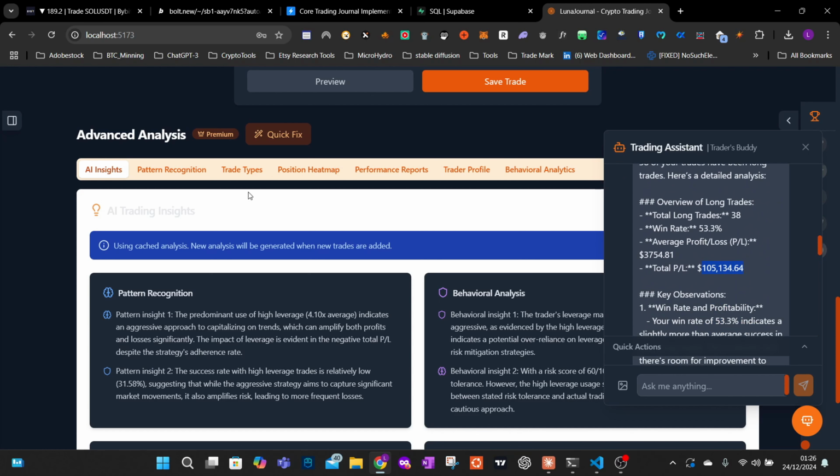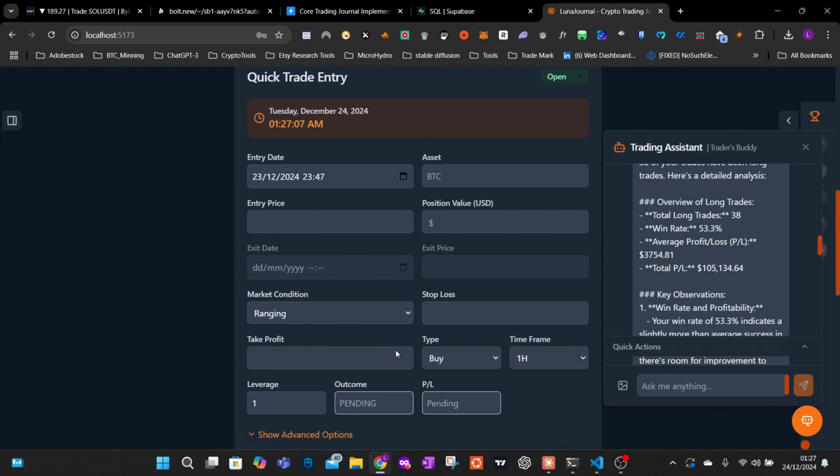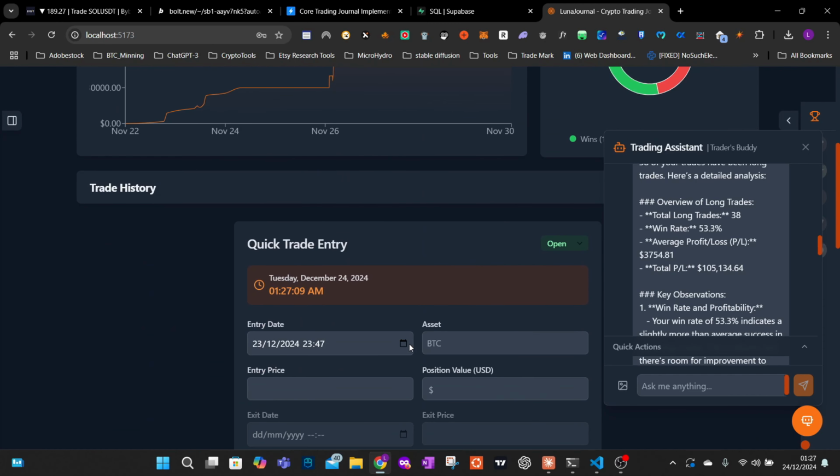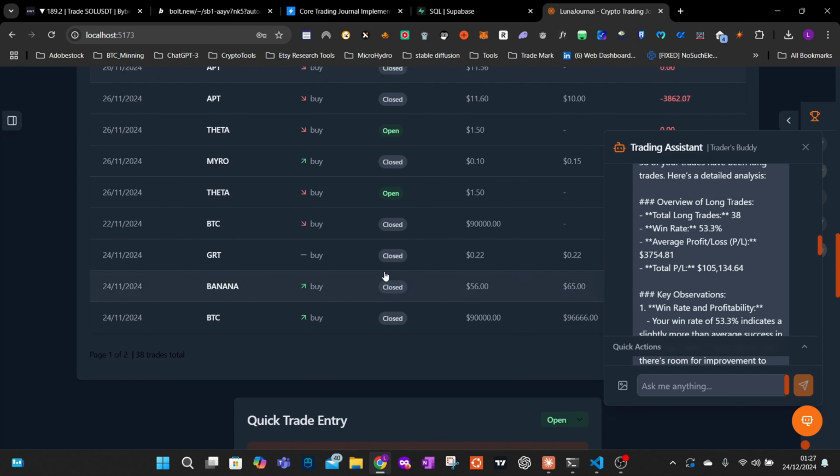Let's confirm something. It says 38 long trades, while here it says 27. Even the win rates are correct, so I have to look at that. I have a feeling it's the difference between open trades and closed trades.